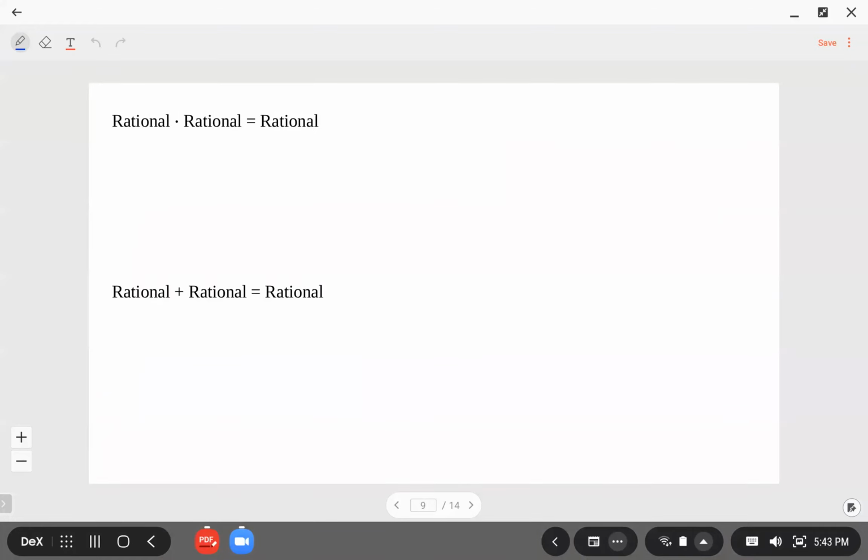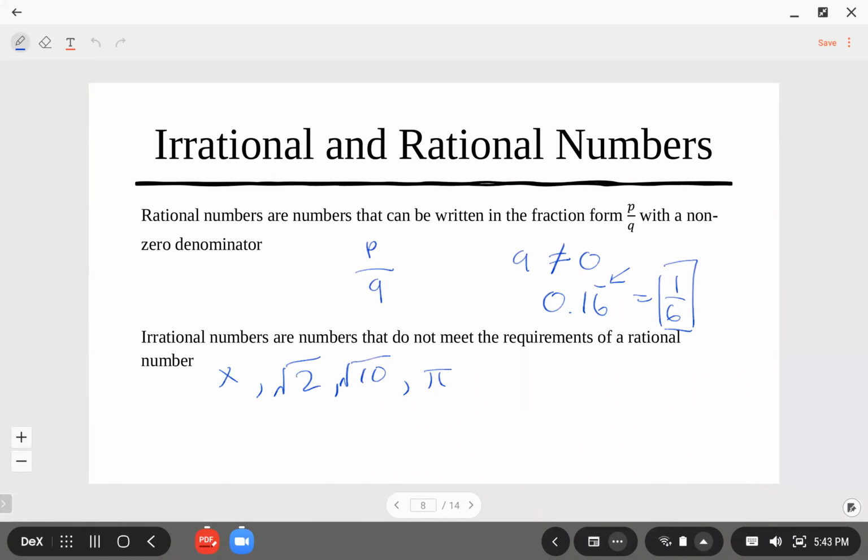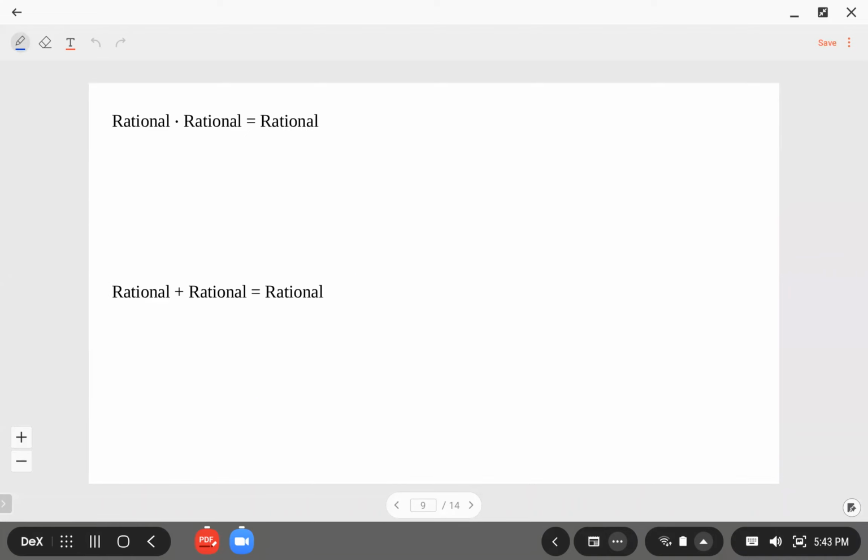Now let's go over some common rules of rational and irrational numbers. You must know that rational multiplied by rational equals rational. This is where it gets a little bit hard.